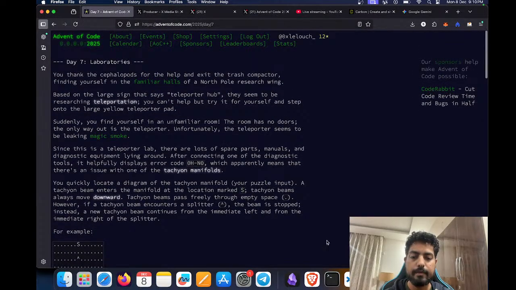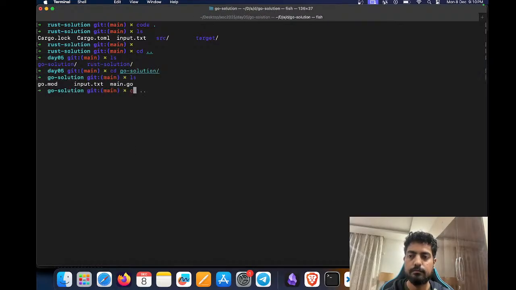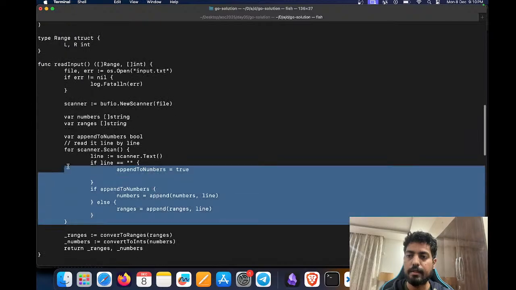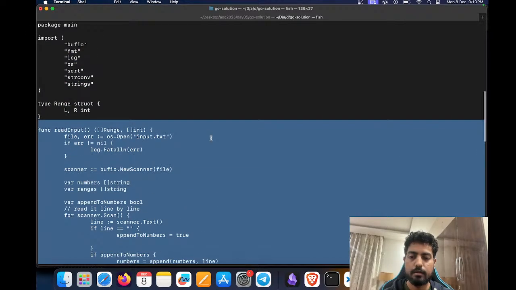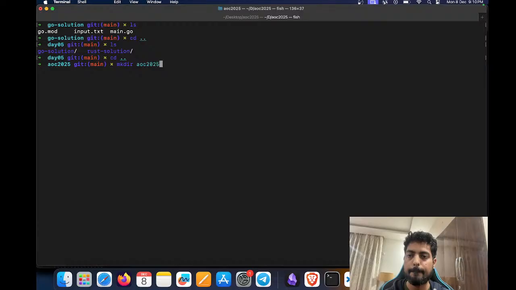So this is the problem seventh. I'll just read this part to at least read the input because I'll have to write the repetitive code back again, which I don't want to do. This is day 7 and also day 8, but we'll solve day 7 for now.